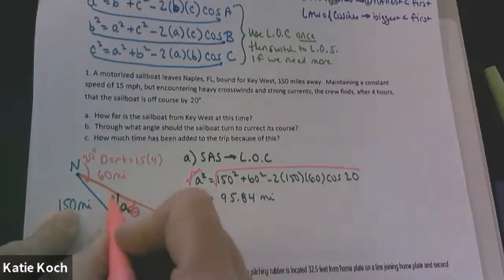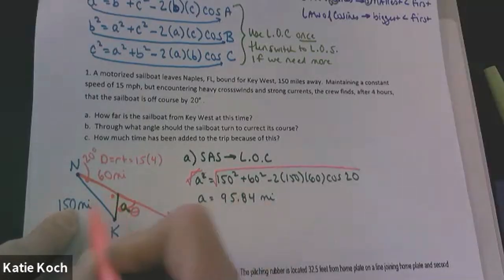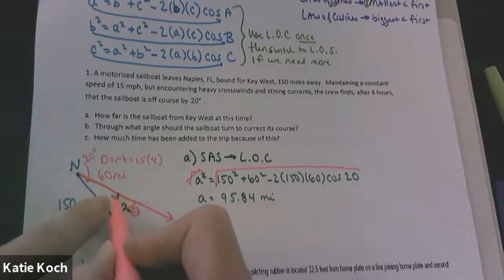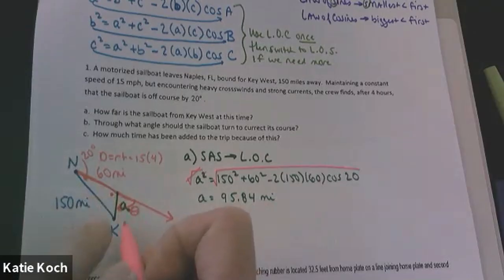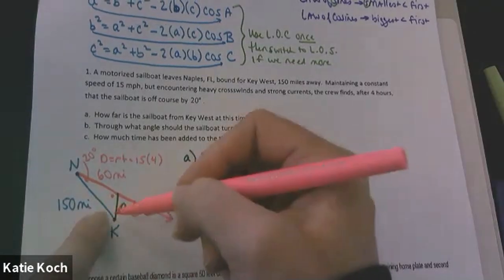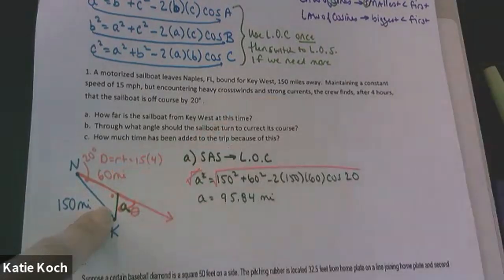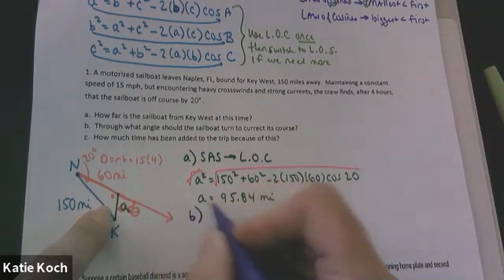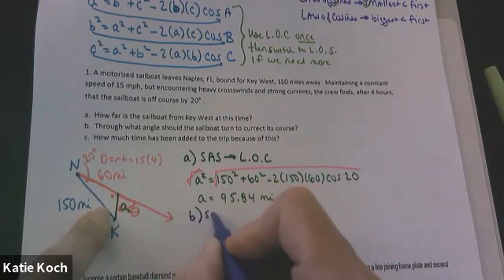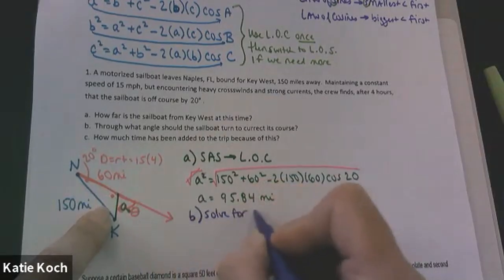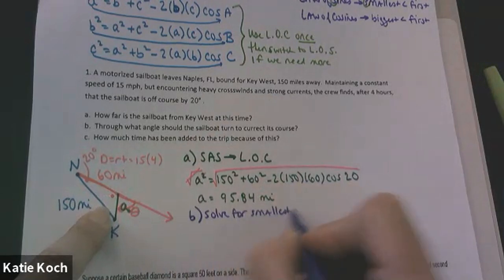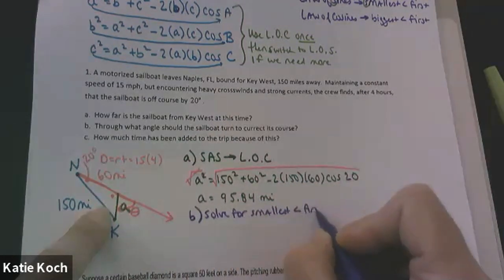Now I cannot solve for that little dot right now because that little dot is across from 150. That's the biggest side, so this is the biggest angle. Instead, I'm going to solve for the smallest angle, which is angle K, across from the 60. I'm going to make note of that because it is often forgotten: we have to solve for the smallest angle first.